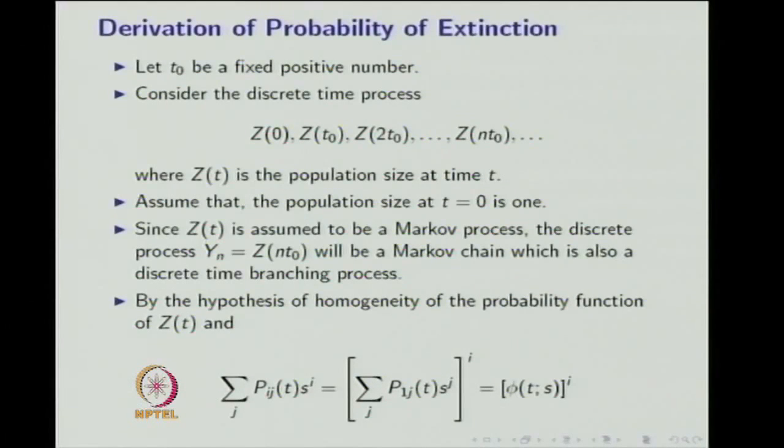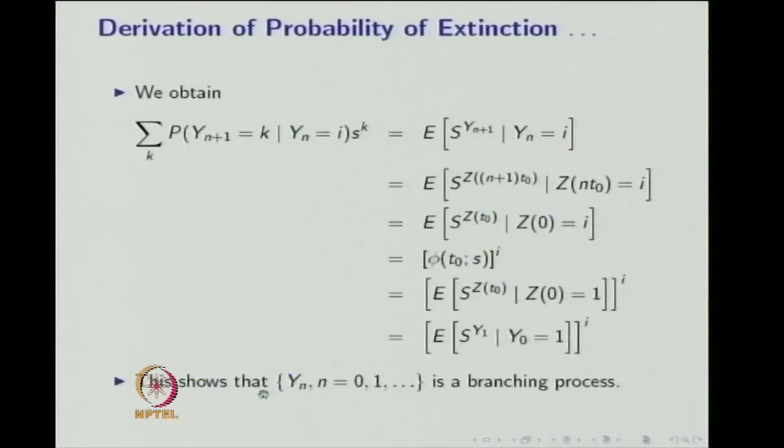This we have proved earlier. Therefore, using these two, we are finding the summation over k of the conditional probability of Y_{n+1} equal to k given Y_n equal to i, multiplied by s^k. That is nothing but the expectation of s^{Y_{n+1}} given Y_n equal to i.